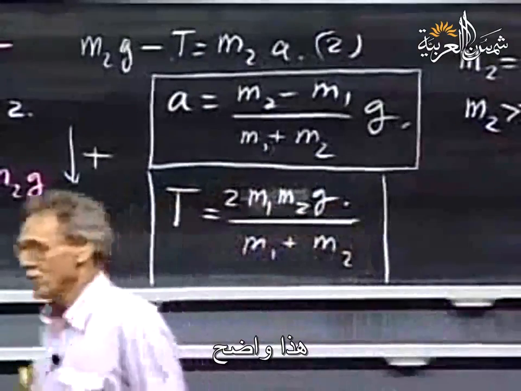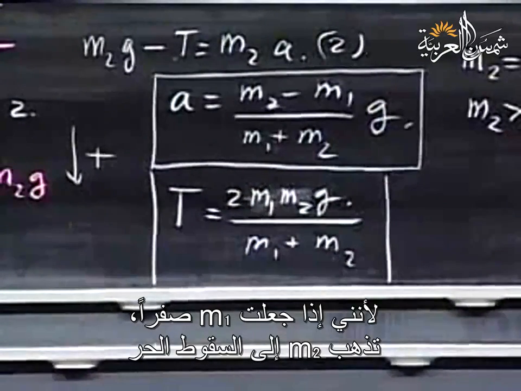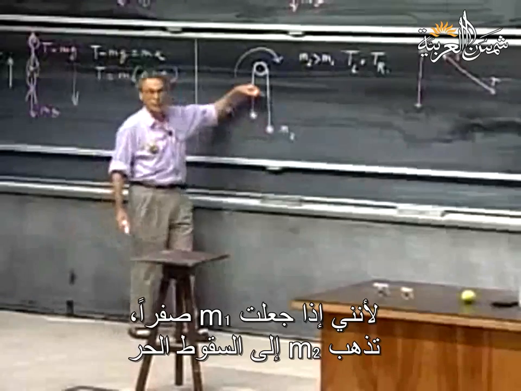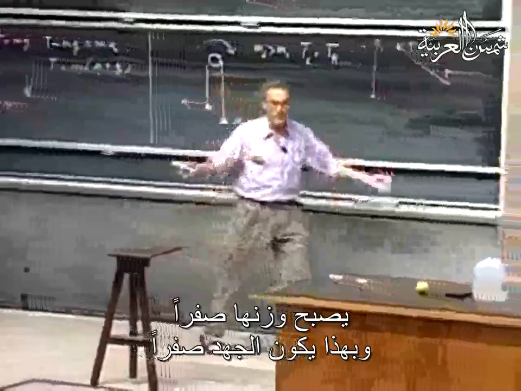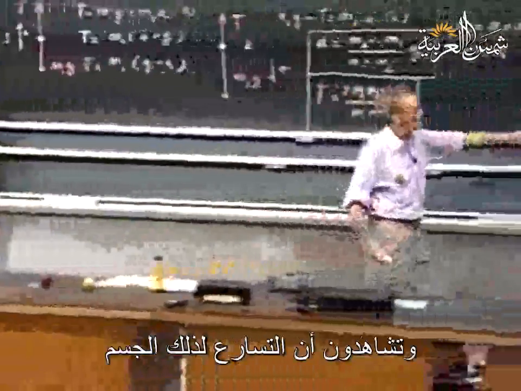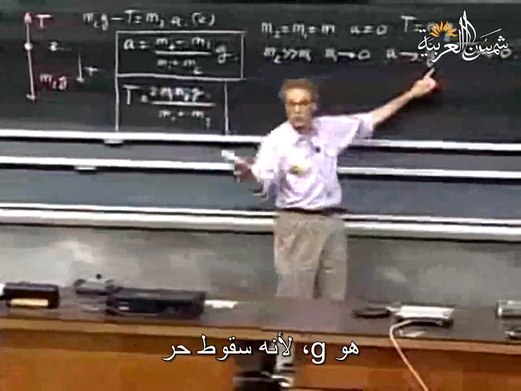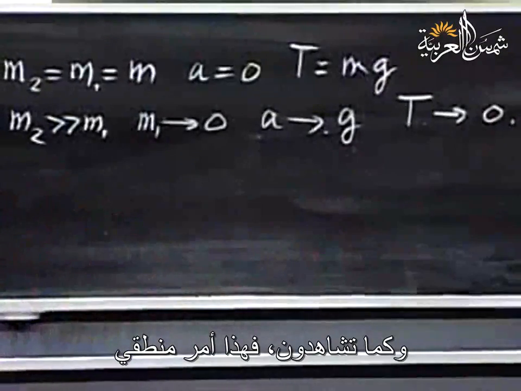That is obvious, because if I make m1 0, m2 goes into free fall. And if m2 goes into free fall, its weight is 0, and so the tension is 0, and that's exactly what you see. And you see that the acceleration of that object is g, which it better be because it's in free fall.